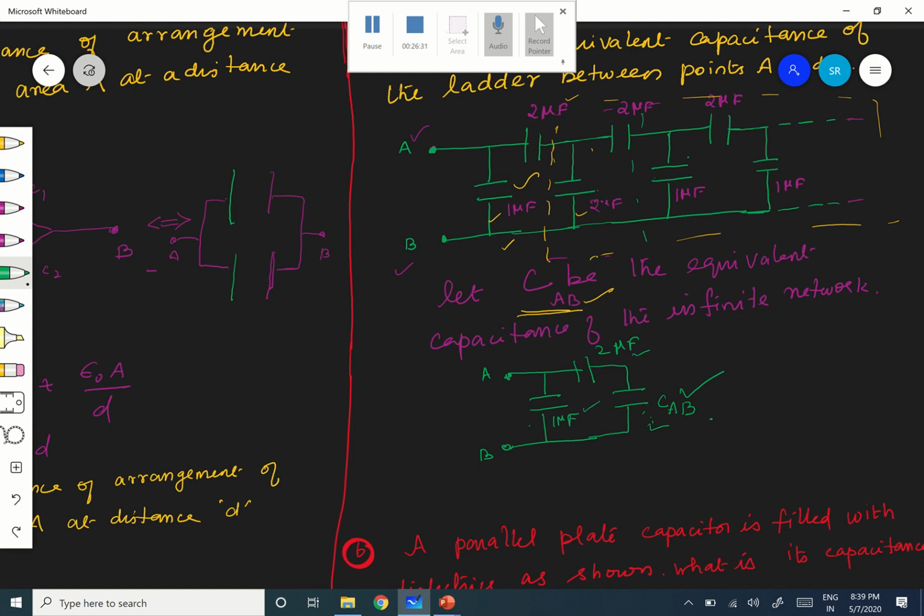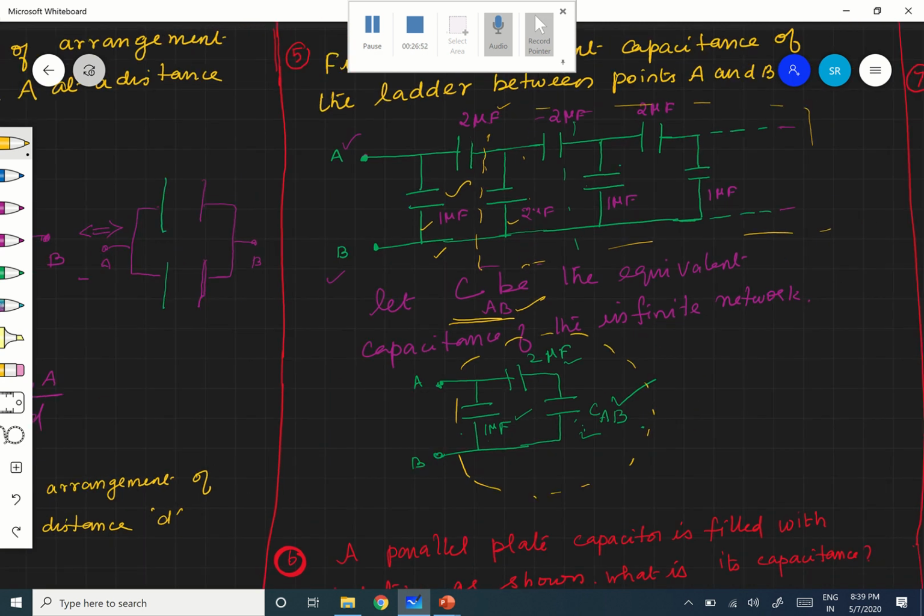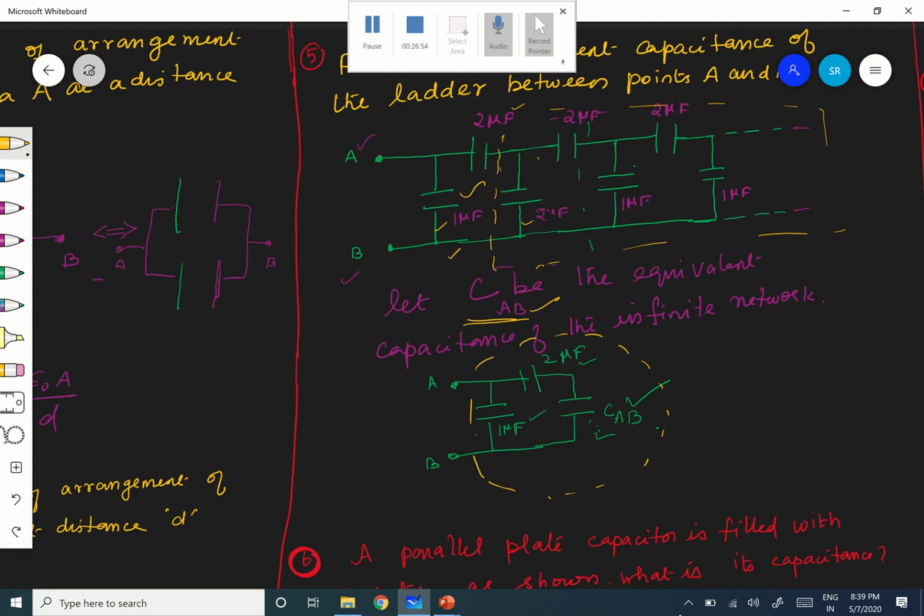Now you have to deal. How? Here 2 microfarad and CAB are connected in series, and that combination is connected parallel to 1 microfarad, correct? And when you find the equivalent of all these things, that gives you once again CAB. Therefore, what is CAB?